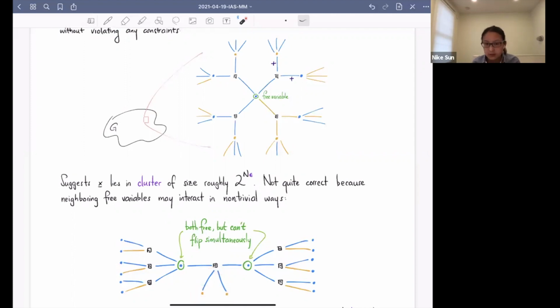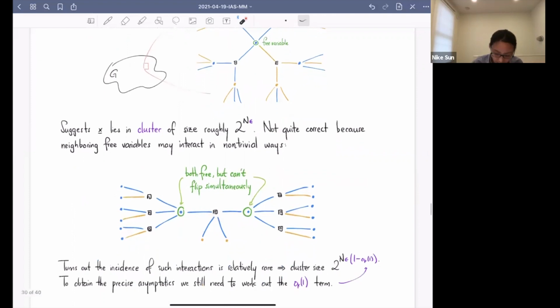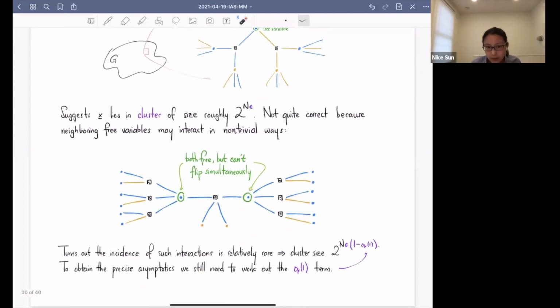And you can construct larger examples where you have three free variables that are connected and so on. But it turns out that the incidence of these interactions is relatively rare. So the cluster size, it's not exactly 2 to the n epsilon, but it should be essentially that with a correction which is quite small as k is large.